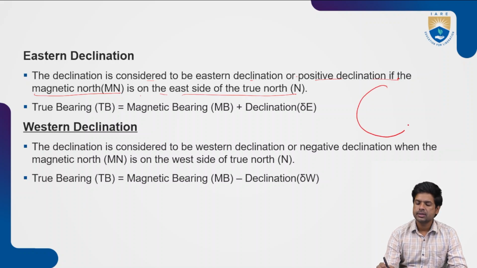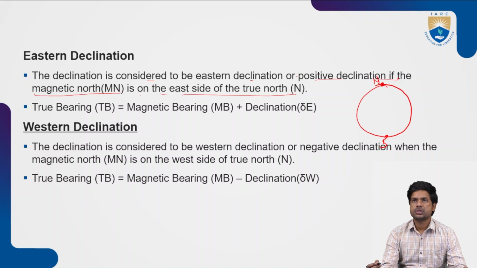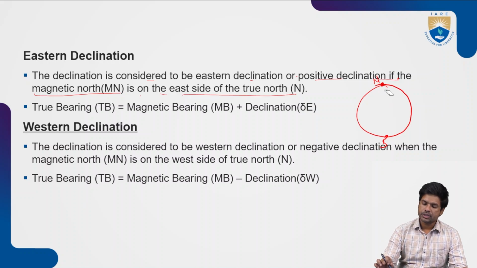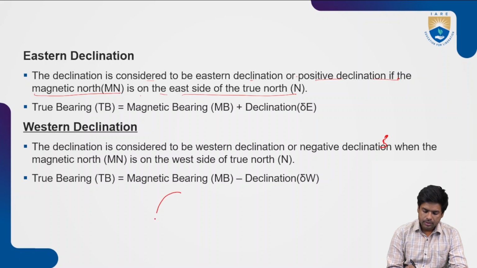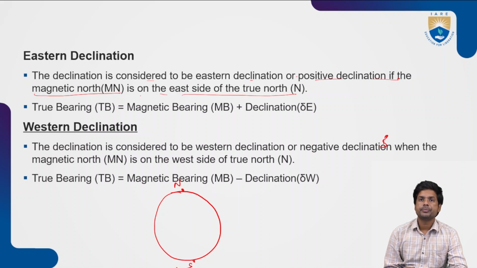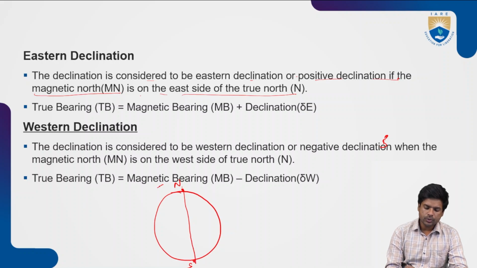This is the true north and this is the true south. If you join this line, this is the true meridian. Now if you take the magnetic meridian like this, this is the magnetic south and magnetic north. So this is the magnetic meridian.